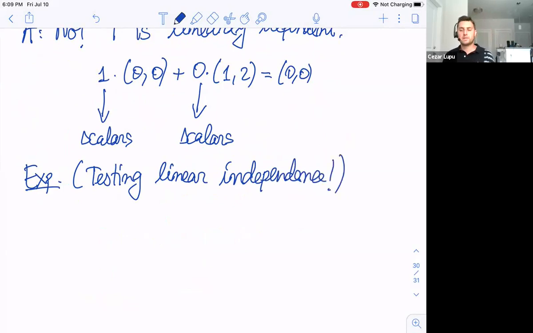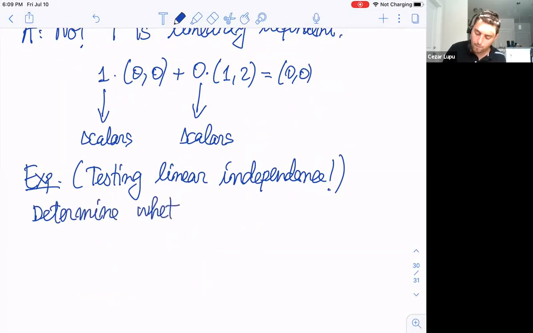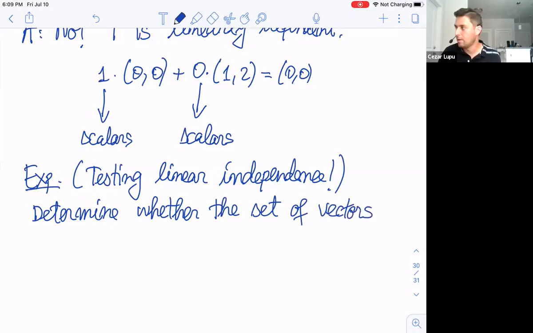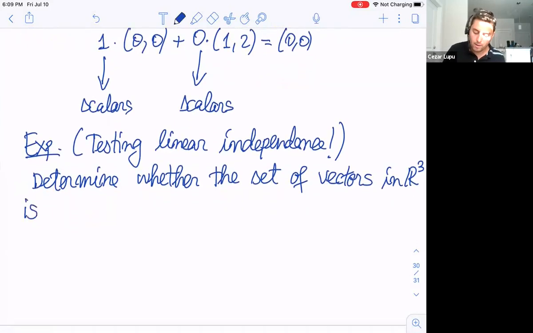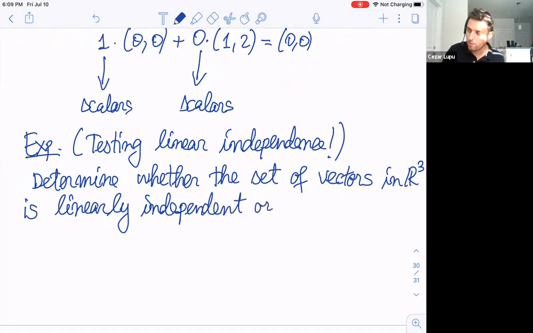In other words, we want to see when a set of vectors is linearly independent or linearly dependent. So the question says the following: determine whether the set of vectors in R3 is linearly independent or linearly dependent.